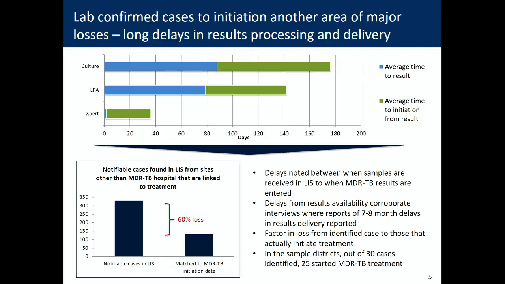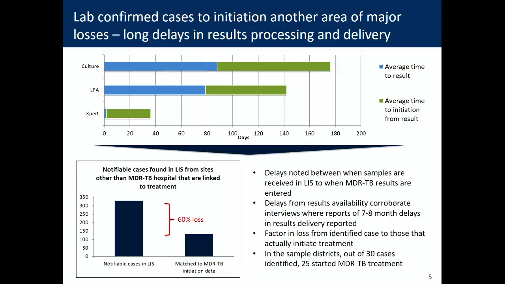Now, whether that's an issue of data entry or actual sample processing, that's something we needed to look into after the study. But that's already a huge delay where we may experience losses of patients along the cascade. But the more significant part is the results delivery, where we're seeing an extra almost 100 days for a patient to actually get their results.